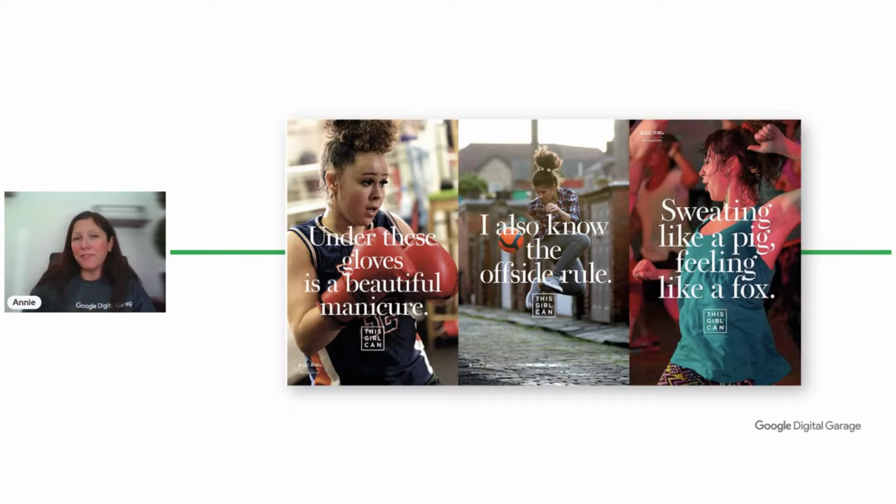So by learning the fear of judgment, whether it was because they were spending too much time away from the family, whether it was how they looked or just basically their technique, whatever the judgment may be, the This Girl Can campaign started to identify with those groups, learn about them, do the research, empathize, and then brought about these sorts of quotes to show the thoughts behind it.